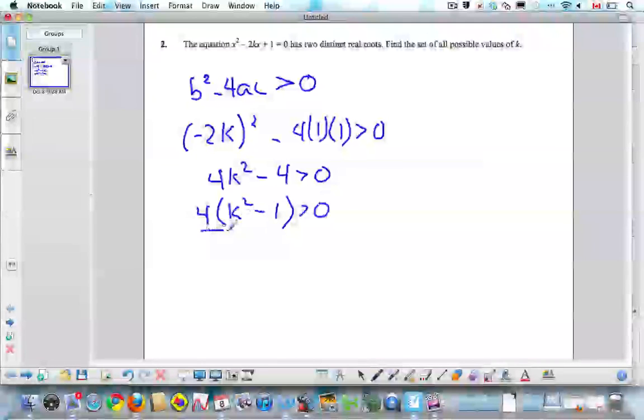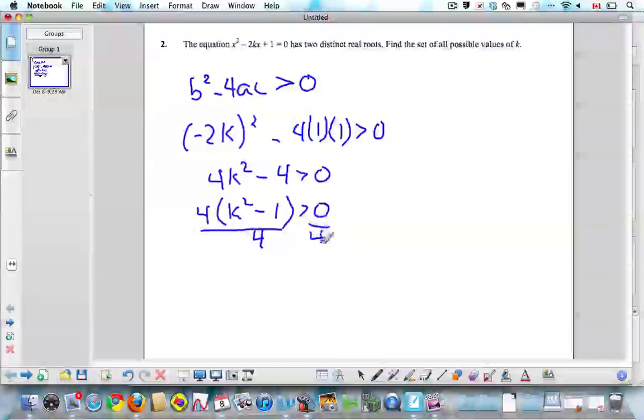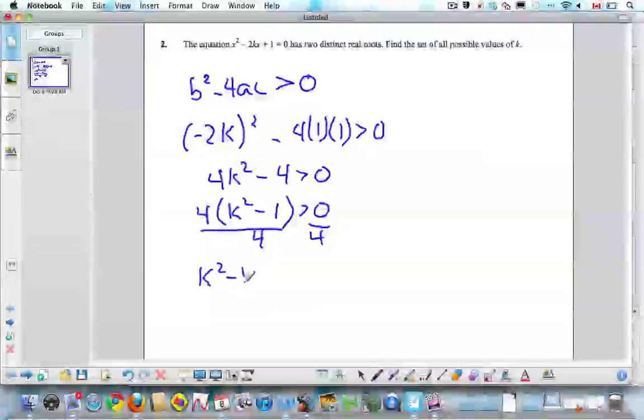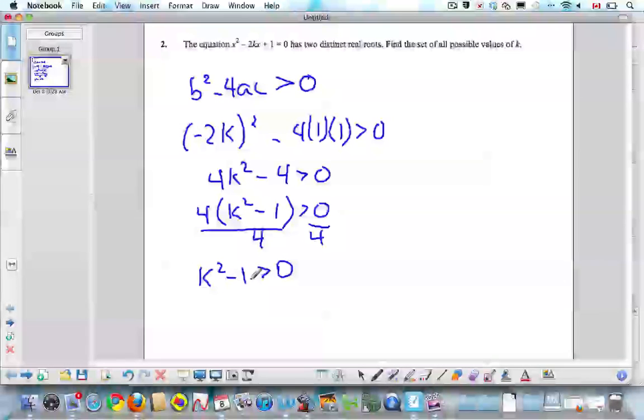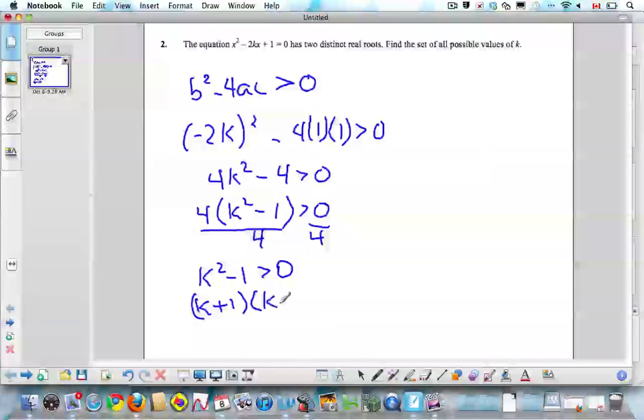I can divide both sides of the inequality by 4, and that means I'm left with k squared minus 1 bigger than 0. Now, to deal with that bigger than 0, that means positive numbers. I'm going to factor this a little further and think about k plus 1 and k minus 1, because I have a difference of squares here.